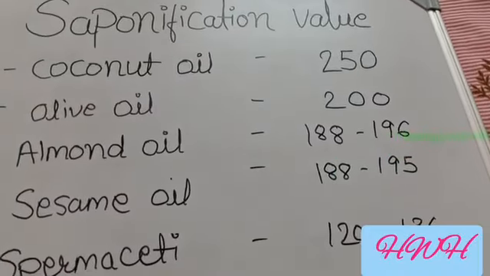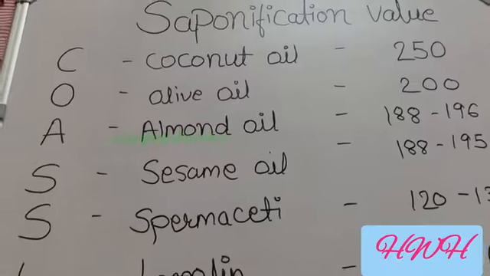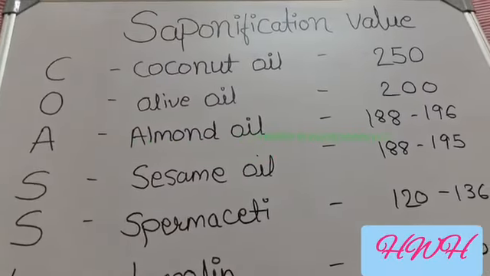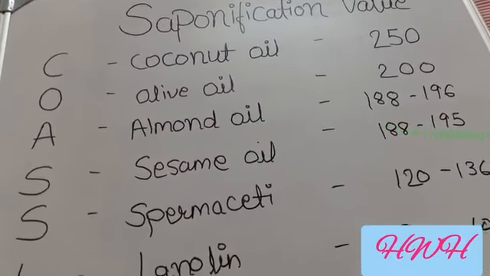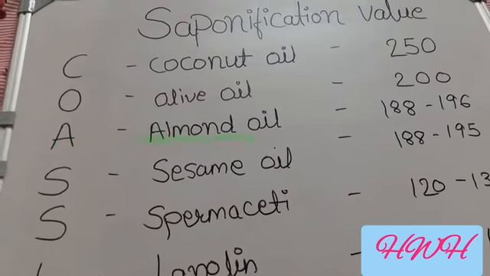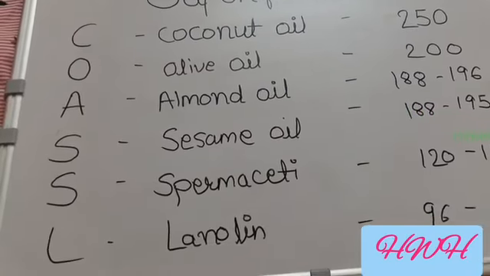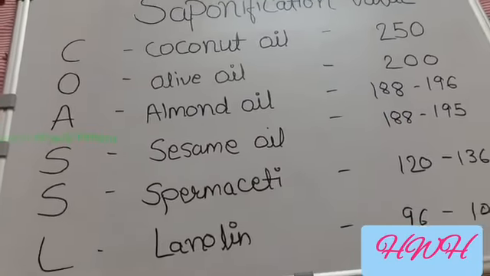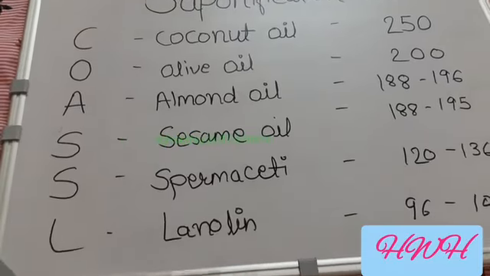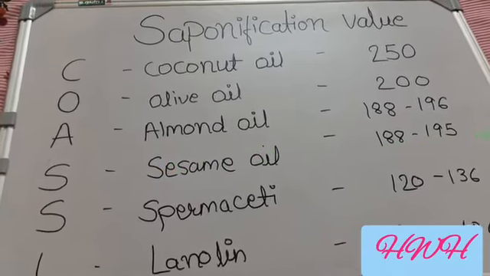So you can see it comes from the bigger number down to the smaller number. And I remember very well that one question was asked in the exam from this saponification value, and I was able to answer it correctly because of this mnemonic. So you can also remember all these values very easily by following this trick.